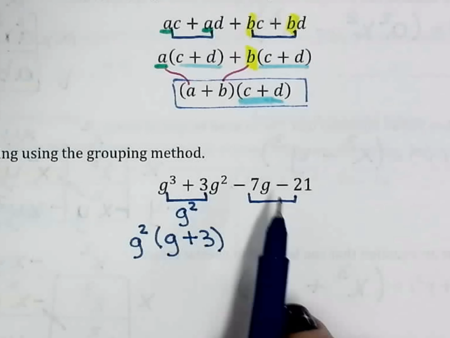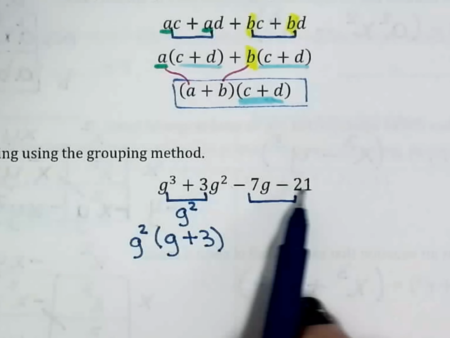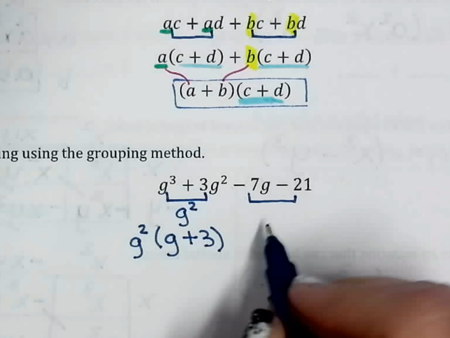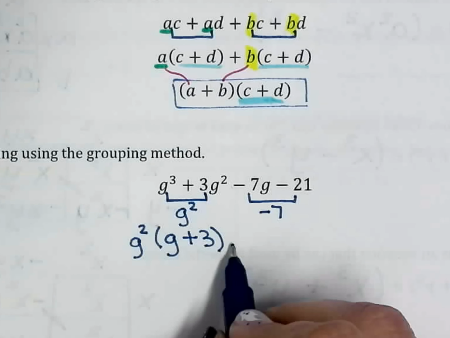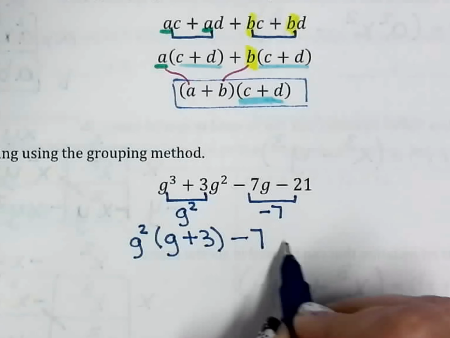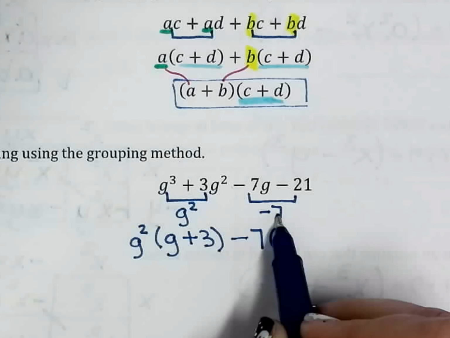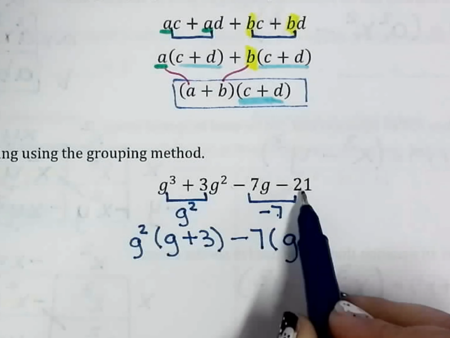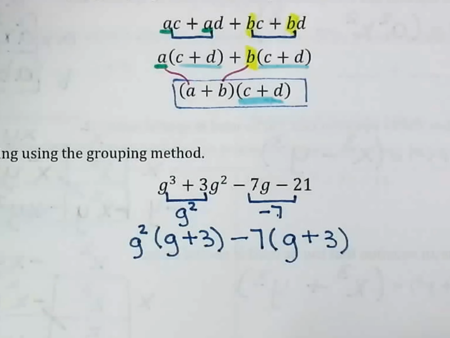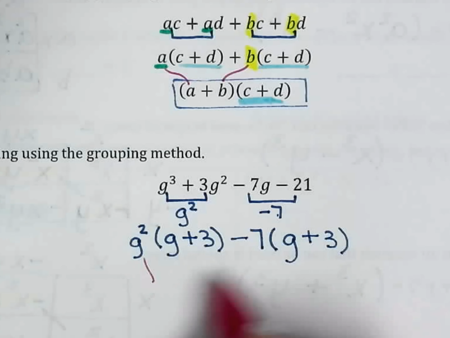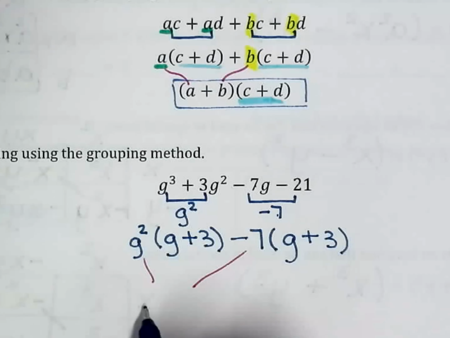Okay. GCF between -7 and -21, that'll be -7, sorry. The GCF goes right there. Divide. This divided by this, I get g. This divided by this, I get +3. Okay? The GCFs come together to make a term.